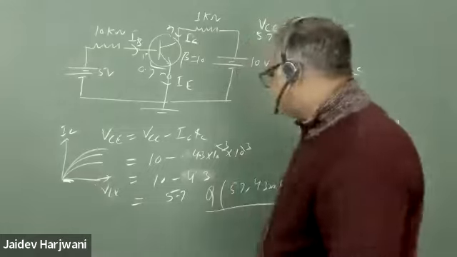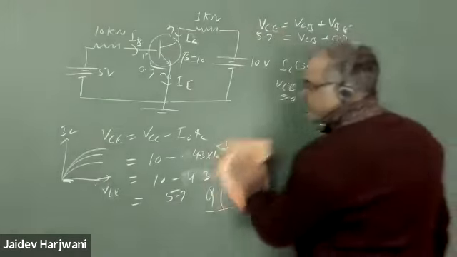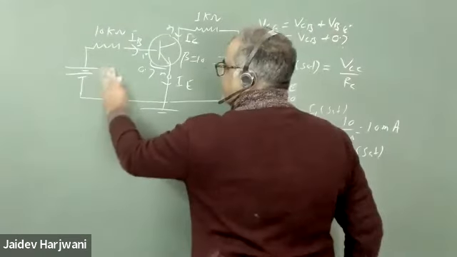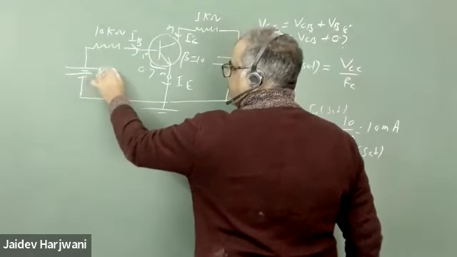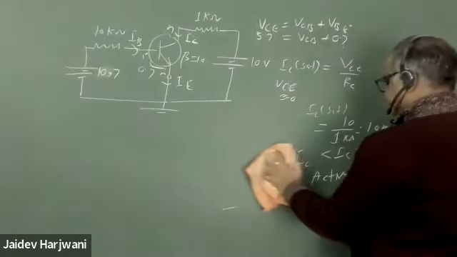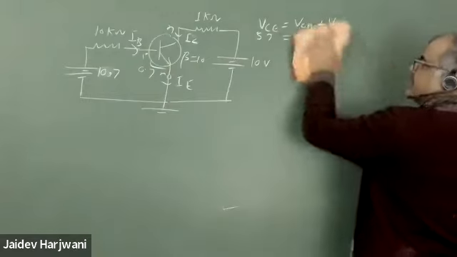We have to see the transistor. So now this particular question. Now what I'm making is a 10.7. Again, you find the region of operation, active region, calculate.